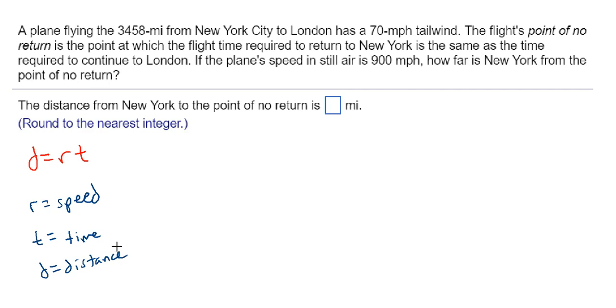So this formula is probably the one we're most familiar with in our day-to-day lives, because anytime you've done any kind of traveling, for example on a highway, this formula has governed your trip. How fast you're driving, if you're going 70 miles per hour, dictates how long it's going to take you to get where you're going, and you want to keep track of that because you want to know how long the drive is going to take, right?